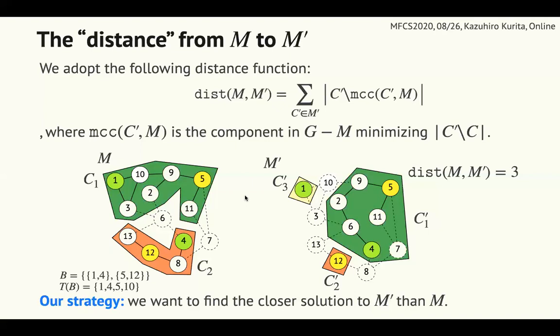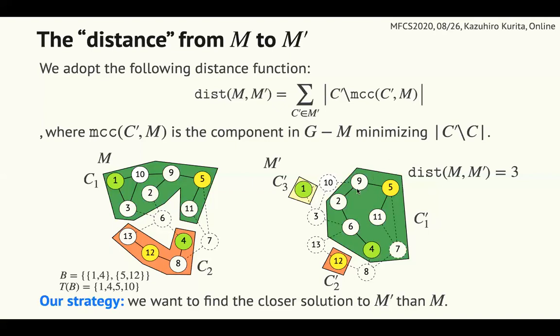Next, we define the distance from M to M prime. We adapt the following distance function like this. Here, MCC(C', M) is a connected component in G minus M, minimizing the size of C' minus C. Let M and M prime be a pair of solutions. In this situation, dist(M, M') is equal to 3.